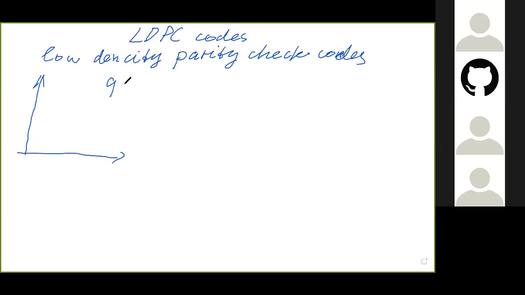Their parameters lie somewhere here, strictly below the Gilbert line. And what's more important, they are bounded away from zero from both axes: rate and relative distance are bounded away from zero.